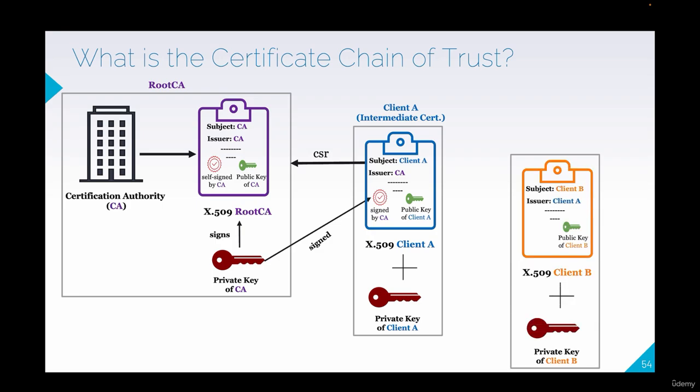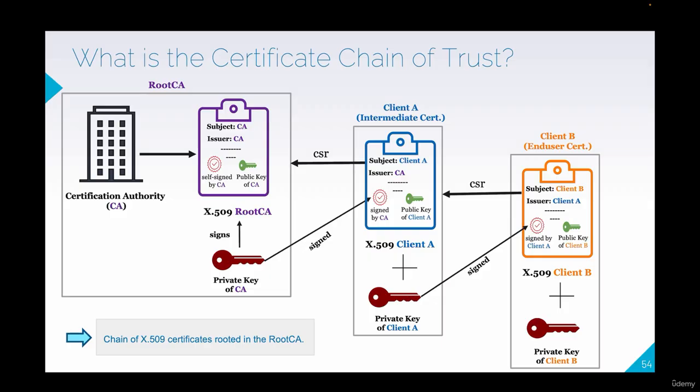Now, client B generates its own X509 certificate with its key pair, and sends a certificate signing request to client A, not directly to the root certificate authority. Client A signs client B's certificate with its private key, and this certificate is known as an end-user certificate. This setup forms a chain of X509 certificates rooted in the root CA.